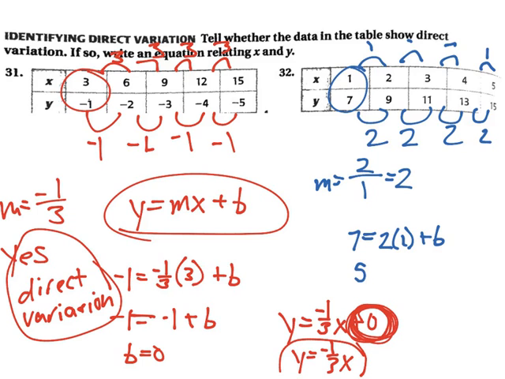End up with 5 equals b. So it has a y-intercept: y equals 2x plus 5. Therefore, not a direct variation because it has a y-intercept at 5. Has to have a y-intercept of 0 or it is not a direct variation.